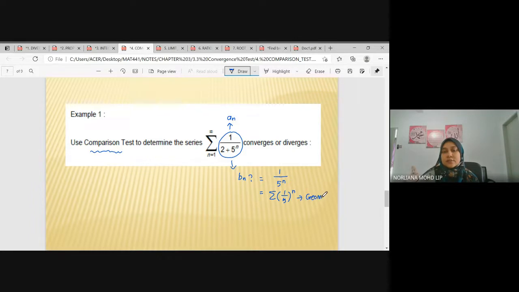For the convergence test for geometric series, we refer to R. R here is 1/5, which is less than 1. So it converges. That is the first step.